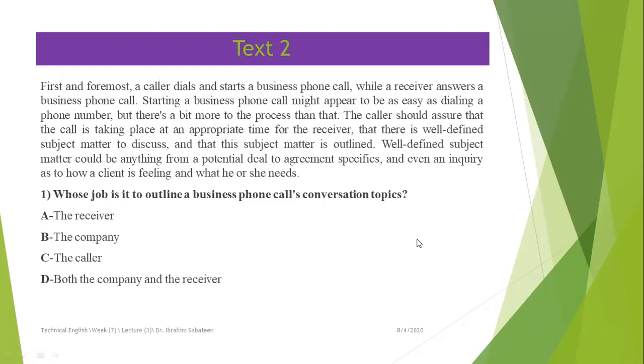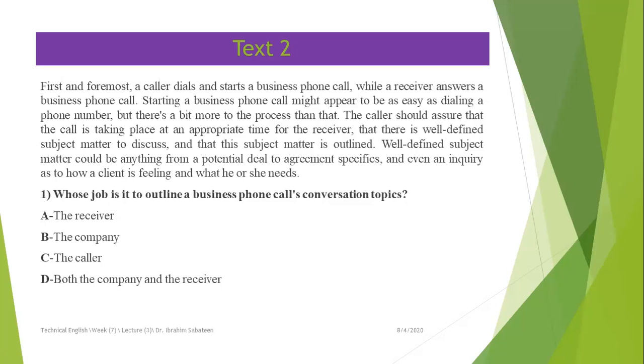First and foremost, a caller dials and starts a business phone call. Who starts a business phone call? A caller, while a receiver answers a business phone call. Do you see here? We have the caller, the person who calls, and the receiver, the person who receives the call.